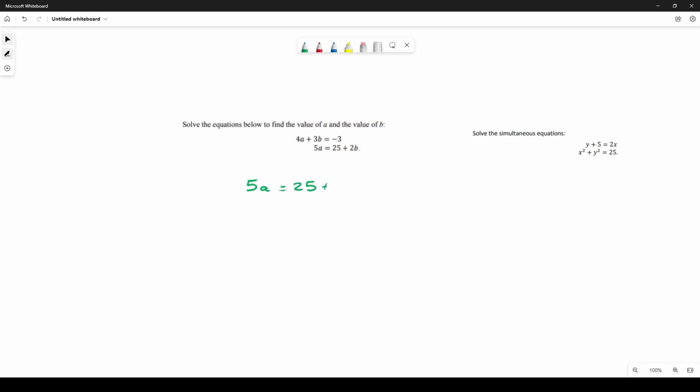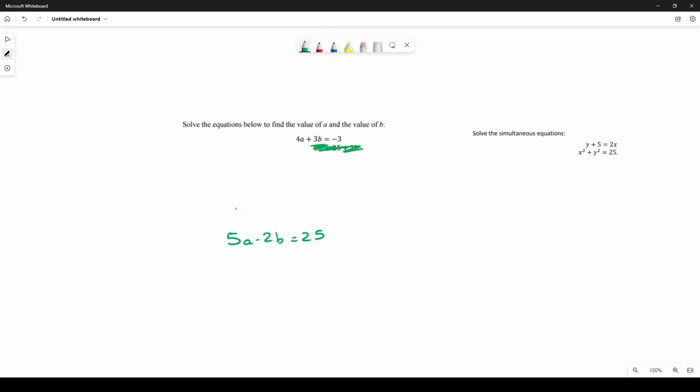Don't get bogged down thinking of it as part of the simultaneous. You bring it over. Some people are starting to do this, and I prefer this, where you take away 2b, let's say, from both sides. But either way, you should end up with 5a minus 2b equals 25. And now with that, you can actually start the simultaneous equations, because instead of using the second line now, we kind of ignore that.